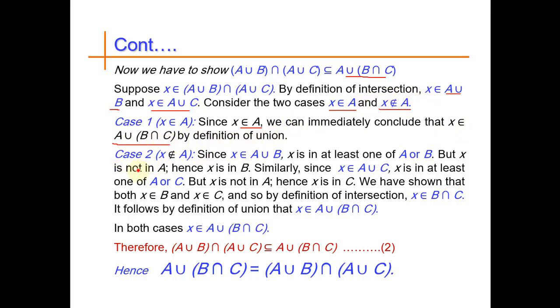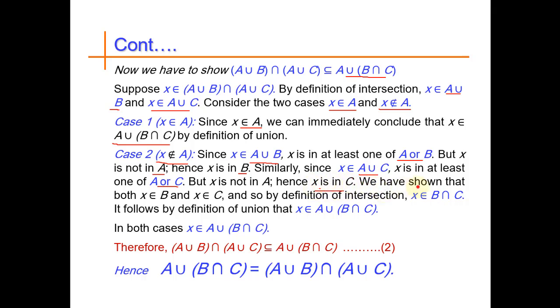For the second case, when X does not belong to A, since X belong to A union B, X is in at least one of A or B, but we have supposed that X is not in A, hence X is in B. Similarly, since X belong to A union C, X is in at least one of A or C, but X is not in A, so X is in C.